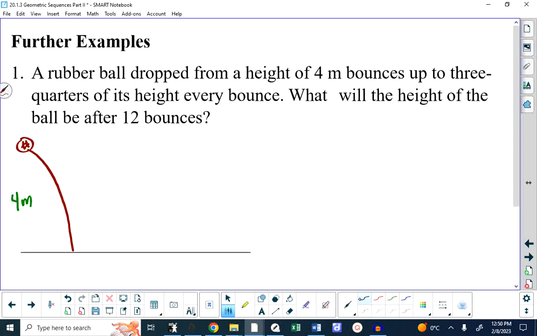Would you agree it bounces to 3 meters? 3/4 of 4. You can go 3 divided by 4, multiplied by 4 gives you 3. So it's going to rebound now to only 3 meters.